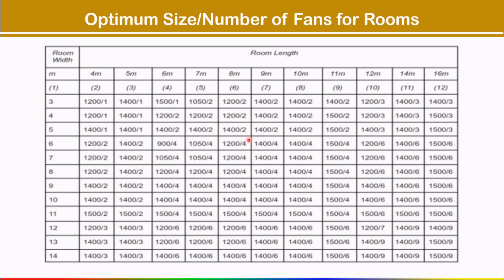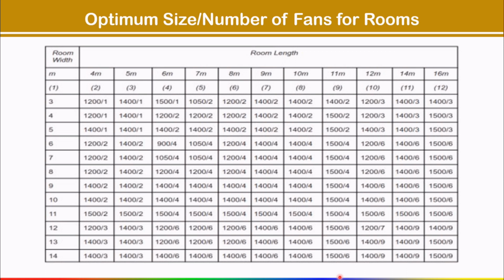If you select two fans of 1400 sweep, those fans can cover the whole room. So with the help of this table you can easily do the calculation, as per your requirement, whether you need an overall diameter of 1200 or 1400.